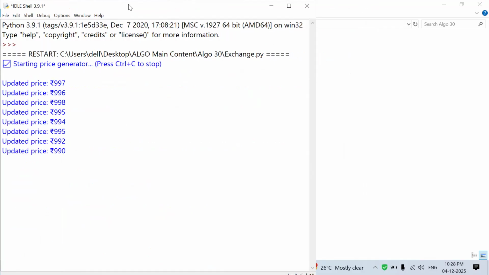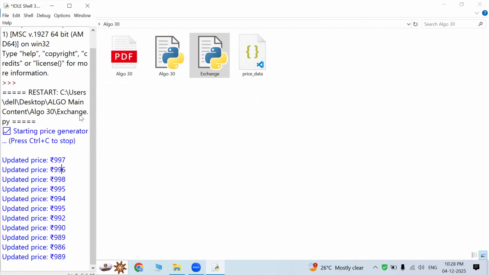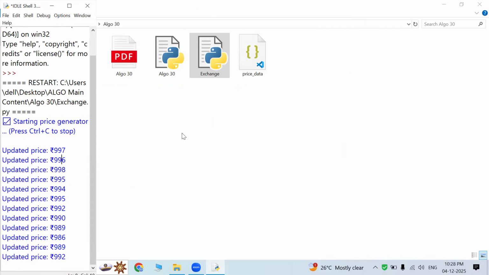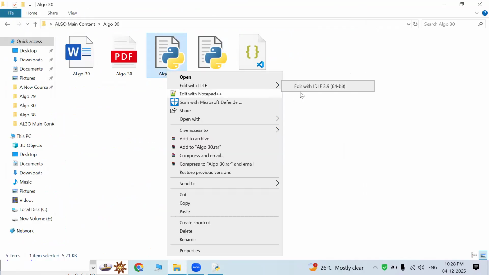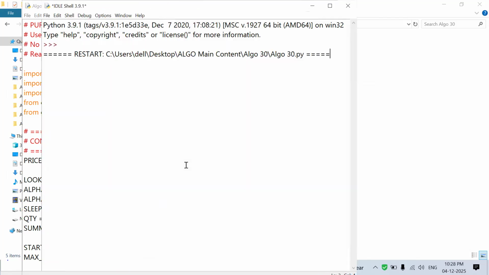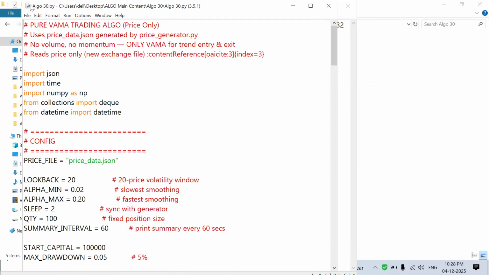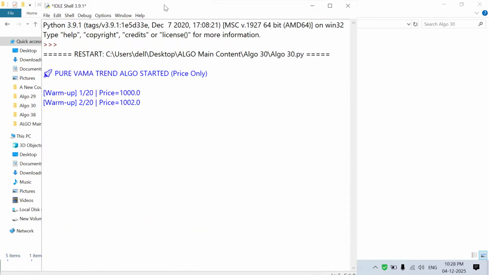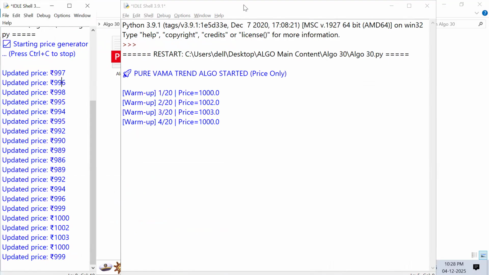So this is my exchange. It keeps on changing the price. I have no control over it. Now let me start my algo, which calculates the VAMA value. First we will have the warm up cycle. It's collecting the price from the market.